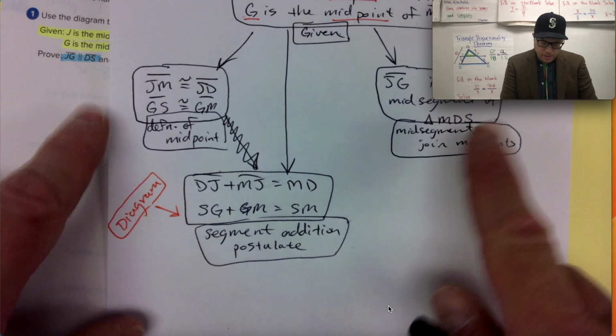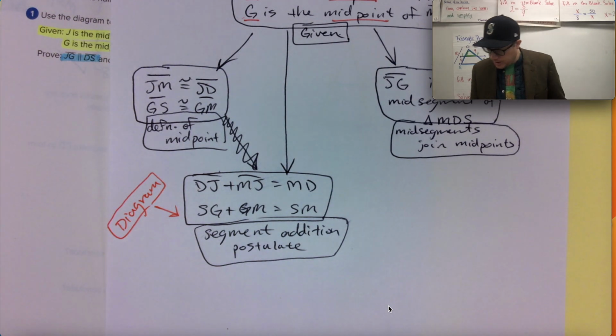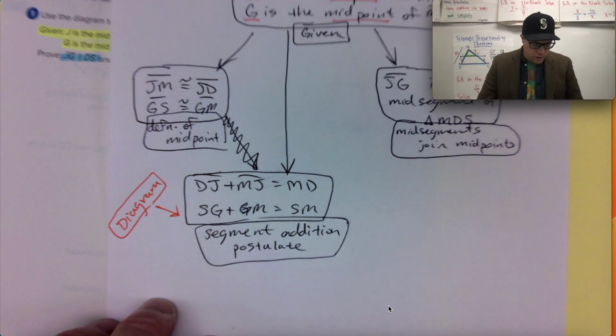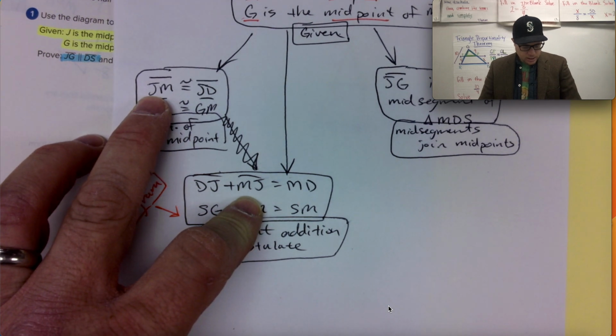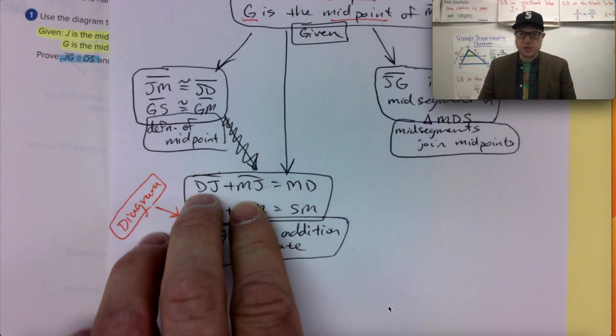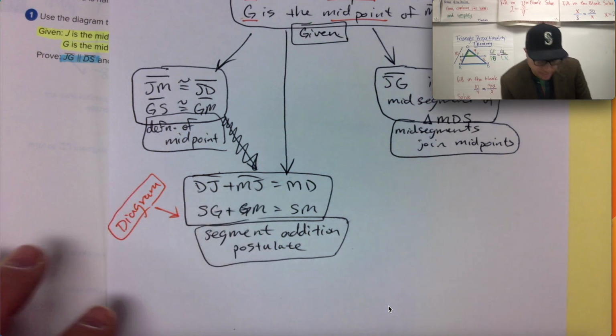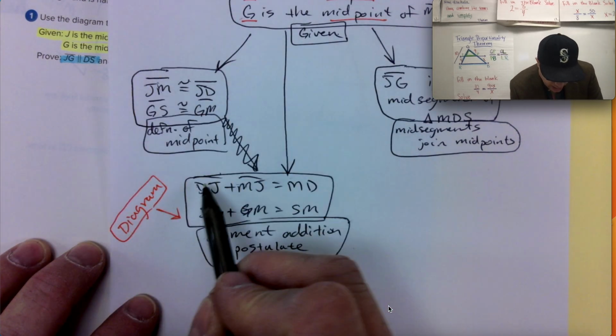Somehow, these three boxes are going to form something. Let's see what else we can get from them. I notice MJ is the same as JD. I switched the letters around. I probably shouldn't have done that. It should probably be JM like this one and JD like that one.